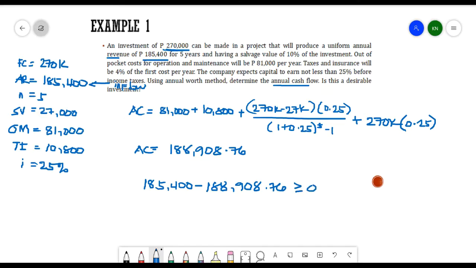So 185,400 minus 188,908.76 is a negative number, negative 3,908.76. As you can see, this is negative, meaning to say this is not a great investment.